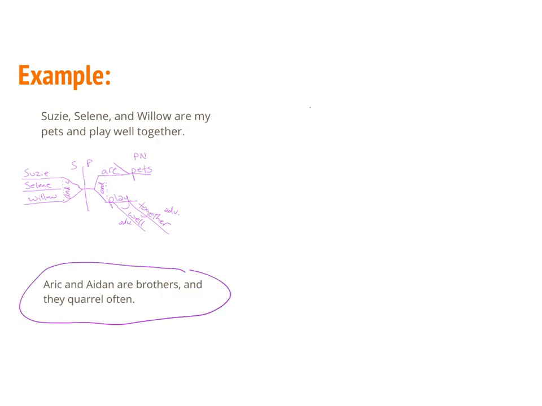I'm seeing a comma before this fanboys. So I'm going to go ahead and think, who or what is this sentence about? Eric and Aiden are brothers. It sounds like a complete thought, yet it's part of a bigger sentence. It looks like it's got a compound subject.